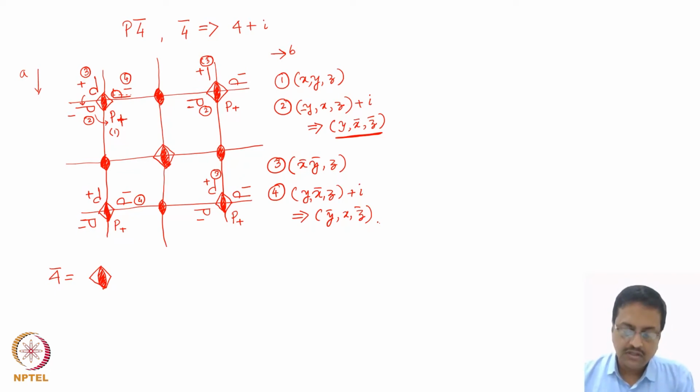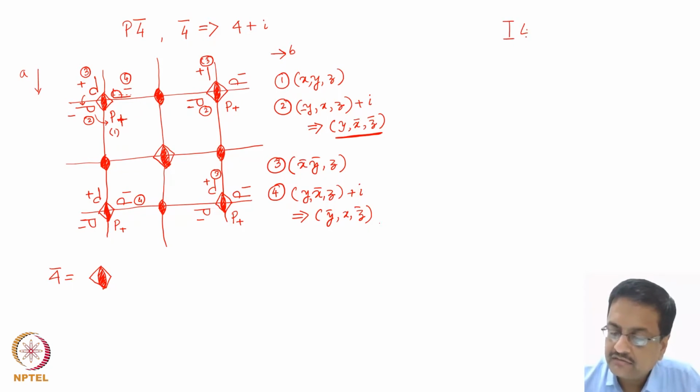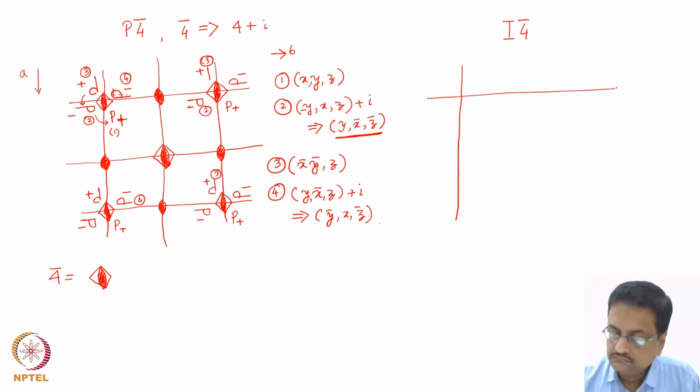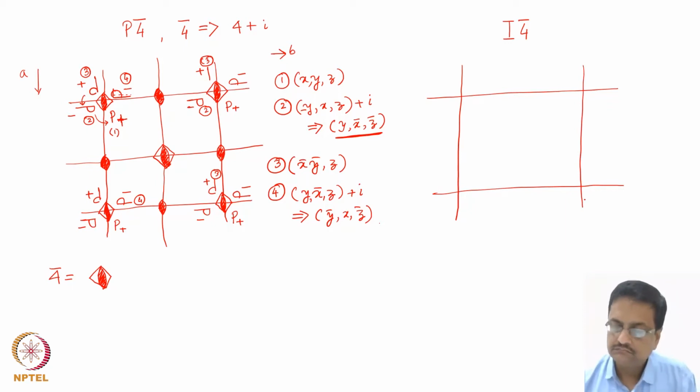So these are the 4 equivalent points in case of P4 bar. So let us parallelly check what happens if we try to do the space group I4 bar. So first thing first, we should draw the 4 bar axis, considering this as the B direction and that as the A direction.